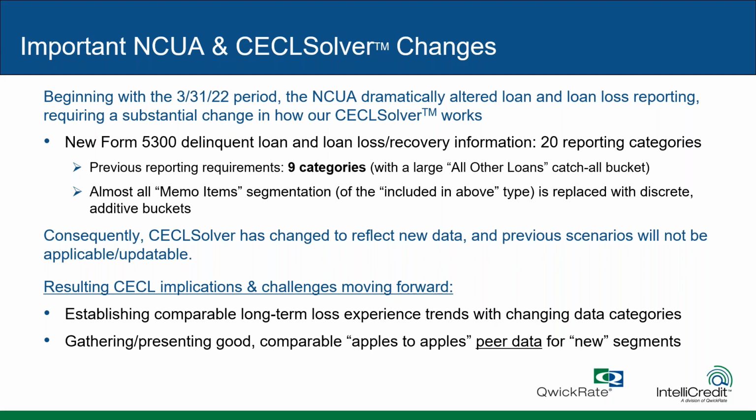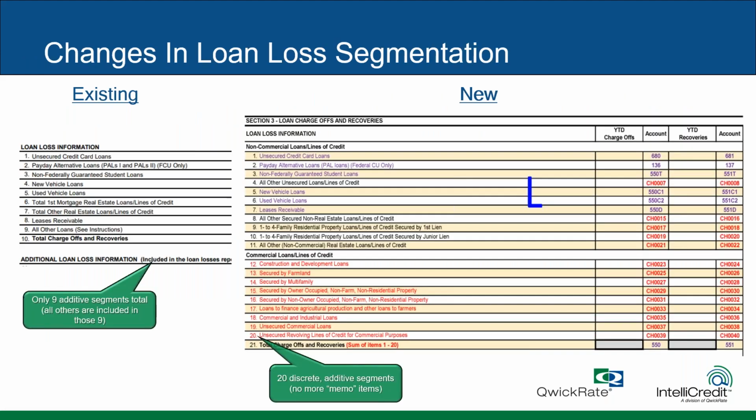We spent a lot of time and more than a few gray hairs to make sure that we mapped all the call report data from before the change to after the change so that we can still get our best estimate of long-term loss rates on buckets, even if the composition of the buckets has changed slightly in the call reports. So on the next slide, you'll get an idea of what that looks like.